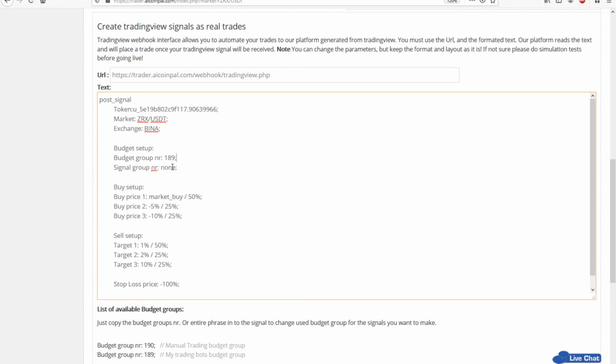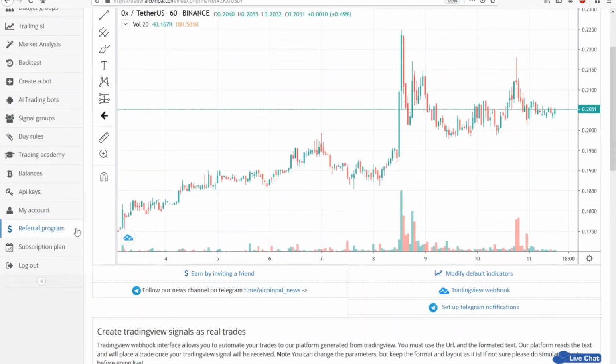Now let's go further. Buy setup is that you can delete or you can change the setup, but the parameters here are only 3 available, which is instantly you want to market buy 50% of your budget group. Remember, we set up our budget group. Let's go and show you one more time.